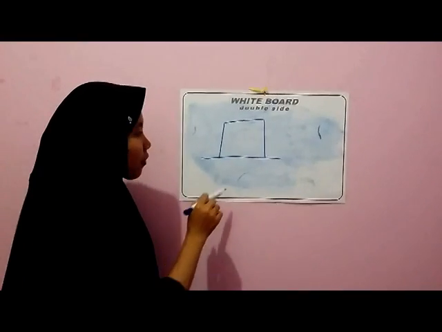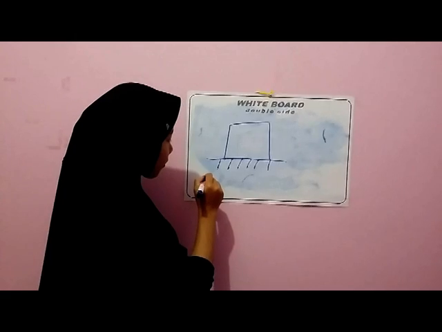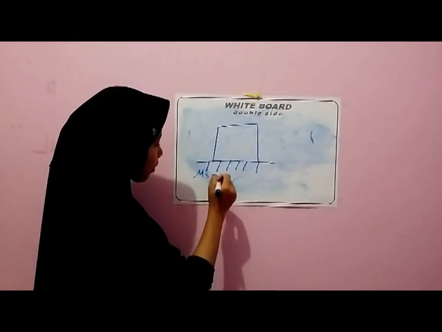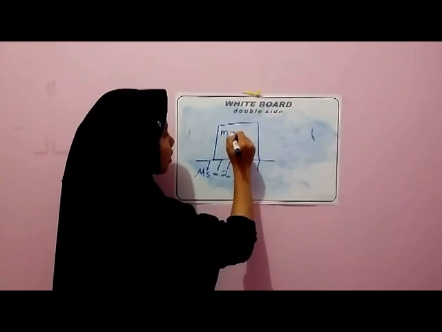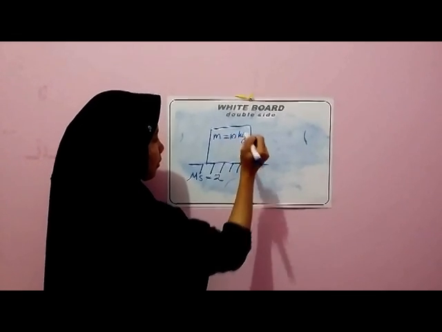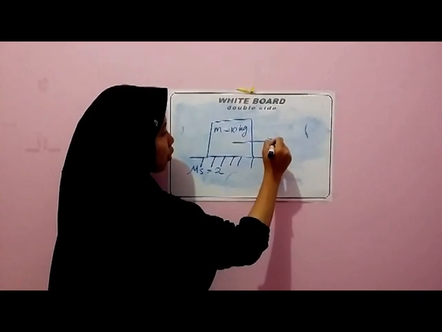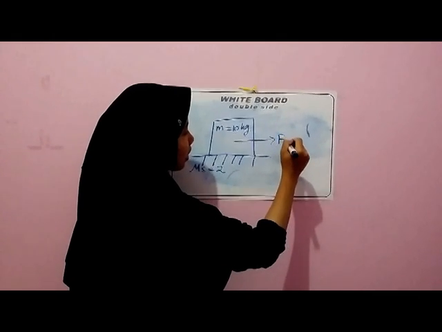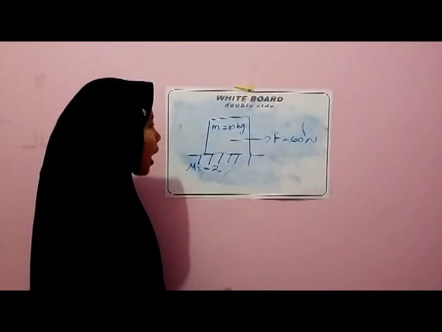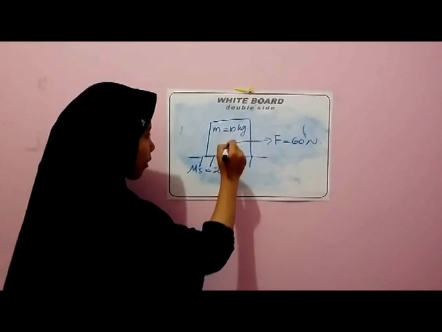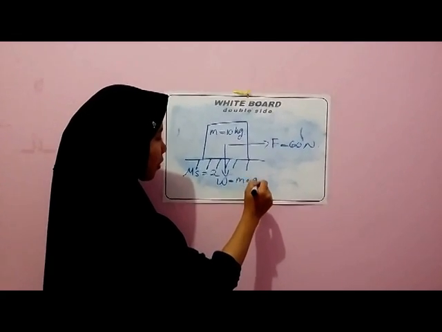For example, I have a box on the floor, and this floor is wood, and the coefficient of kinetic friction is equal to 2, and this box has mass 10 kilograms, and I will pull this box with a force of 60 N. And this box has weight equal to mass times gravitation.